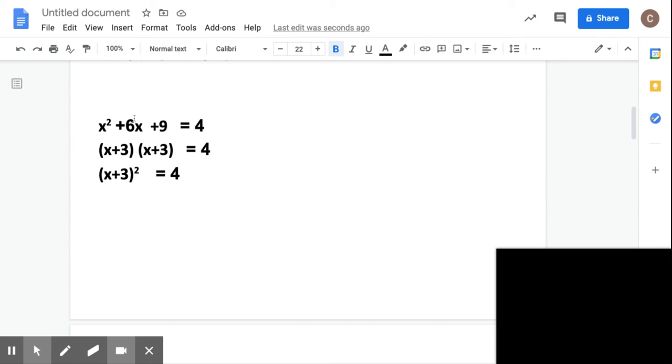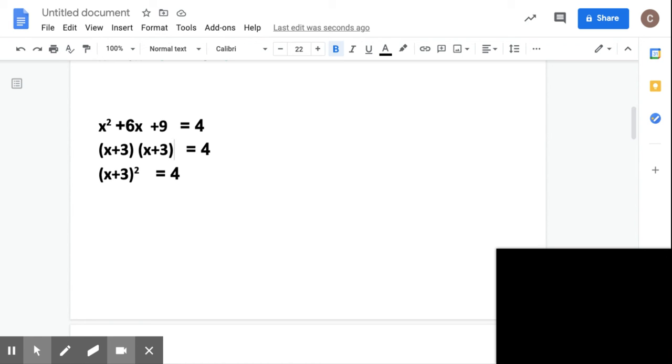Remember how we were talking about 3 plus 3 is 6 and 3 times 3 is 9? Okay, and that's why we chose to place 9 here. Because of that, we can easily factor it as x plus 3 times x plus 3. Does that make sense? Any questions? If so, jot down your questions now.